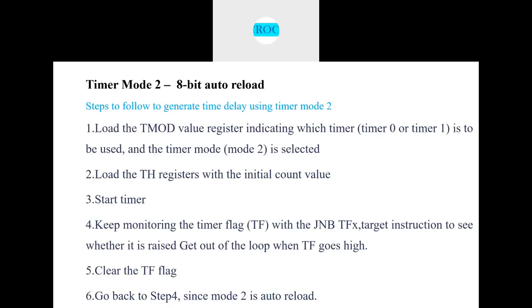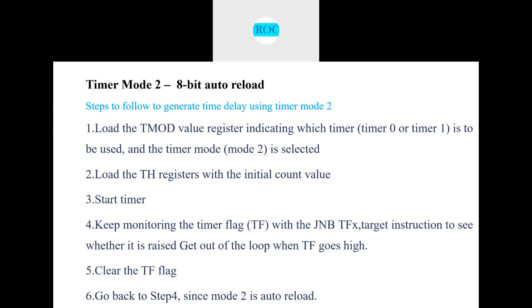Now, how to generate the time delay using mode 2? This is similar to the mode 1 operation. The first thing we do is load the TMOD register value indicating which timer, timer 0 or timer 1, we are using in mode 2, and the timer mode is selected.